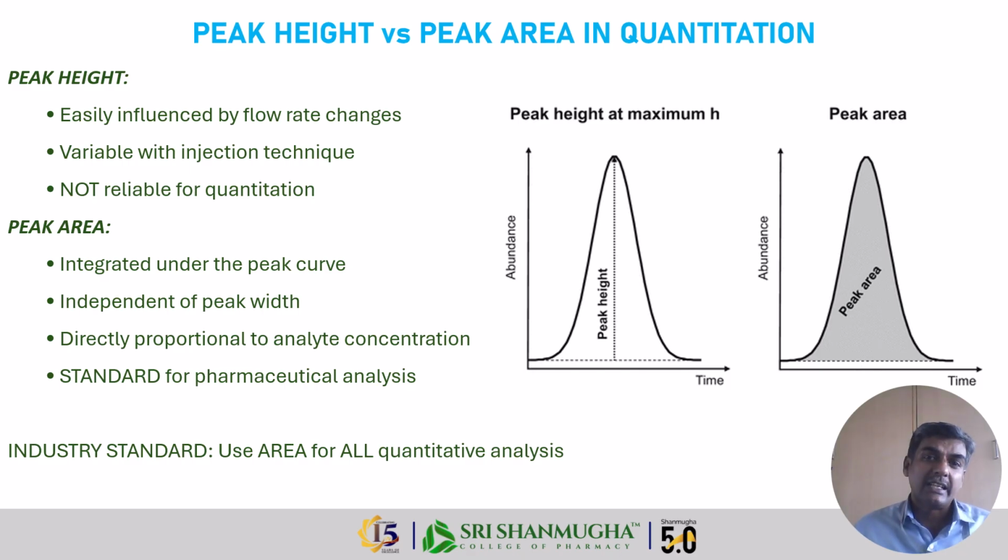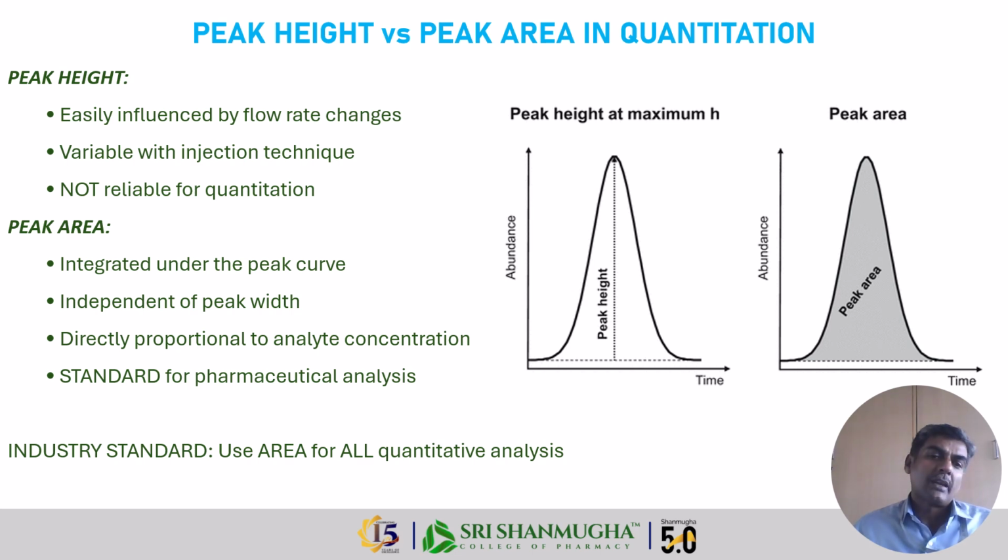Previously we saw that good peak shape is equal to good interaction between analyte, mobile phase and the column's stationary phase. If we increase the flow rate, what will happen? The mobile phase moves faster, causing compounds to elute sooner, and this will change the peak height without changing the concentration.